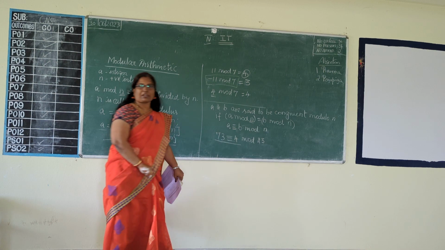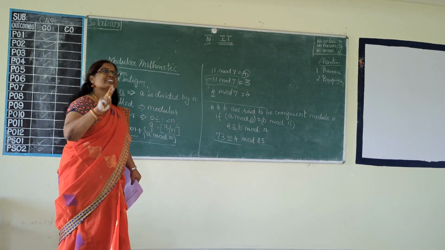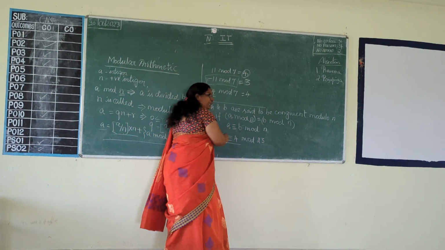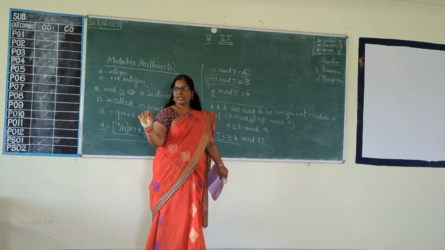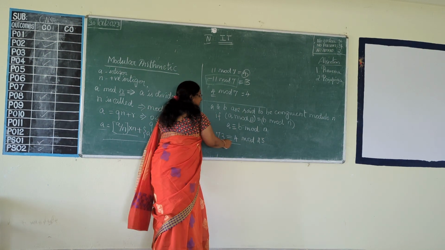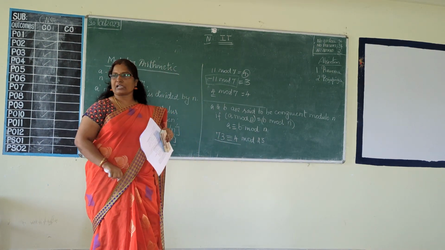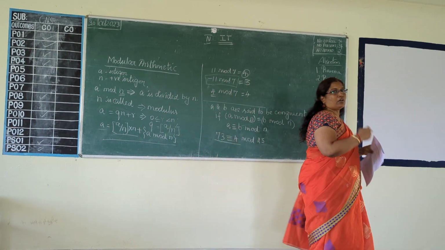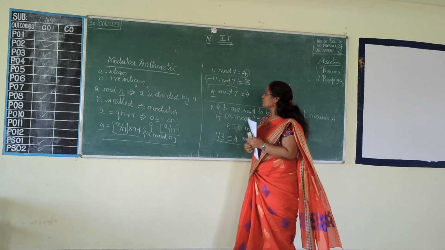When I perform mod with the same n value on both sides, I should get the same value. Then instead of writing equal to, I can write congruent. Understood? Can you write one more congruence like this? Can you make your own left side value, right side value as well as mod value?